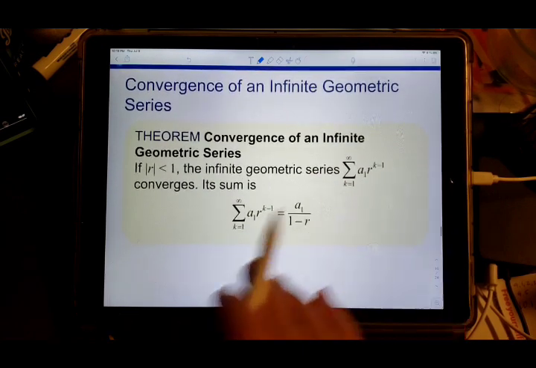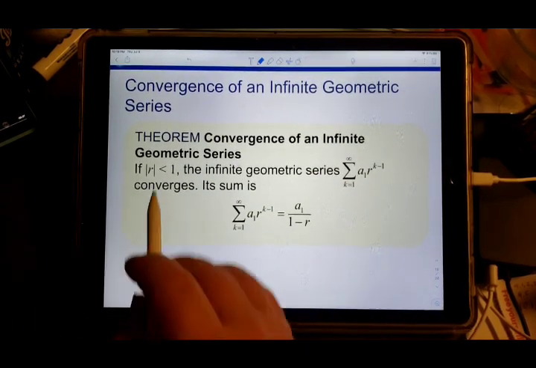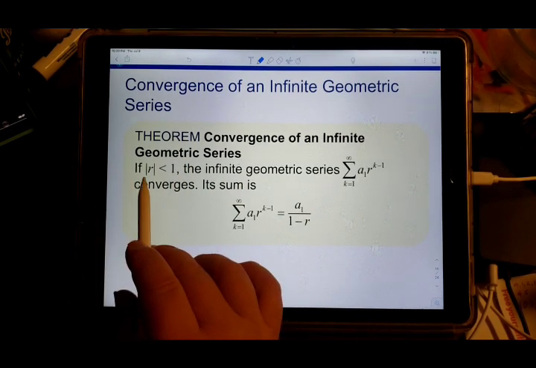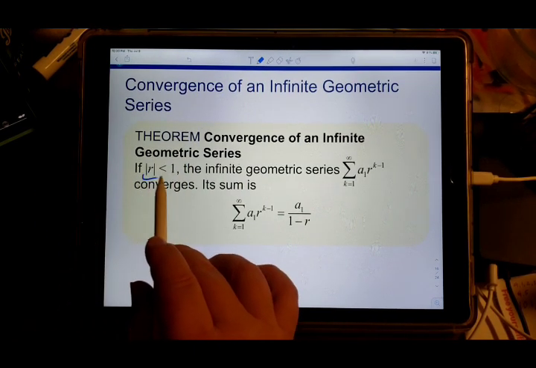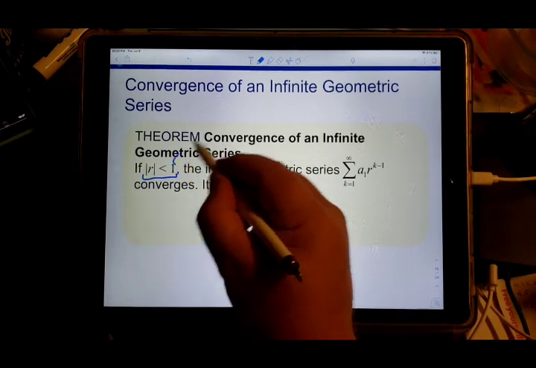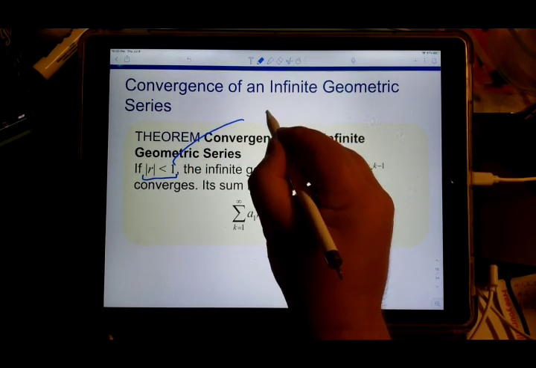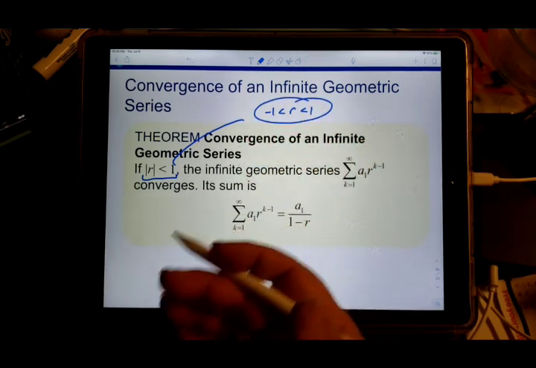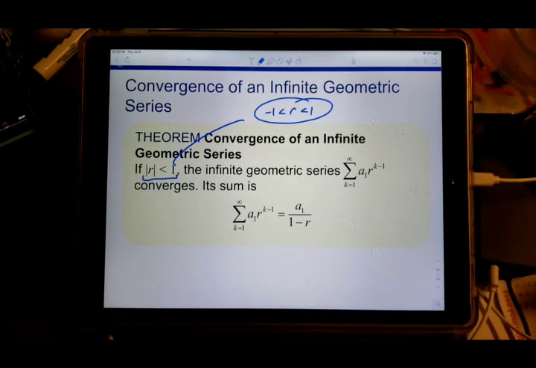Well, here's the rule. If it's geometric, it can't be arithmetic. If it's geometric, and the absolute value of r is less than 1, what that means is r is a number between -1 and 1, a fraction or a decimal, right?